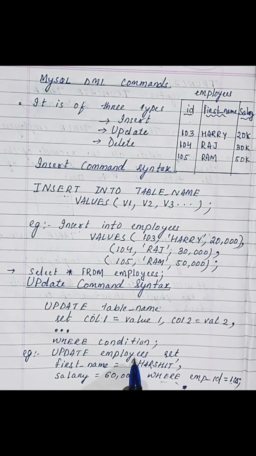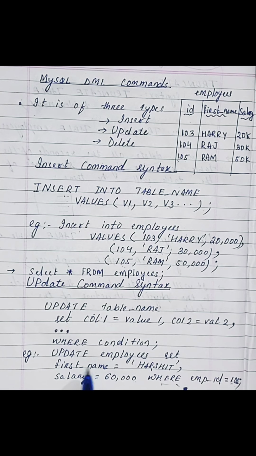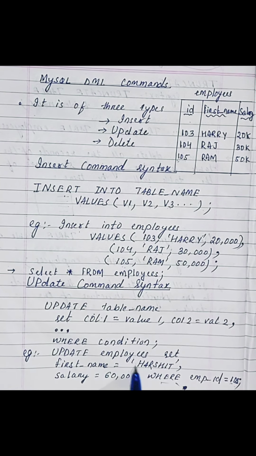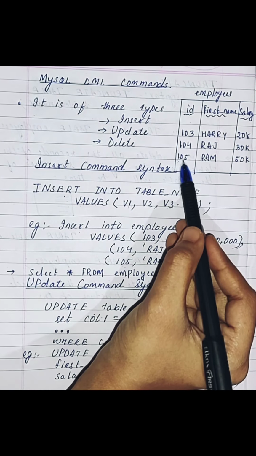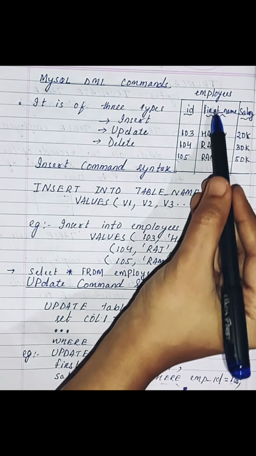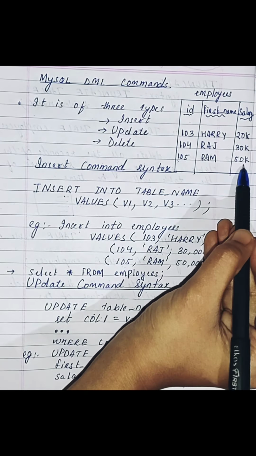Example: UPDATE employees, that is the table name, then SET first name = 'Harshit', comma, and the salary column, salary = 60,000, WHERE employee ID = 105. So here we are specifying that where employee ID is 105, set the first name column as Harshit and the salary column as 60,000.